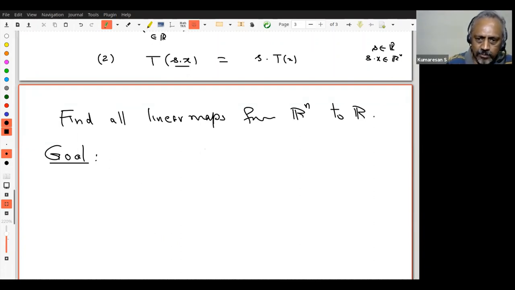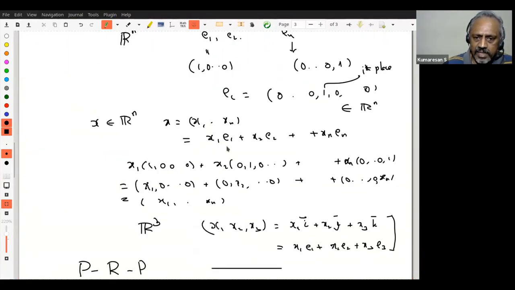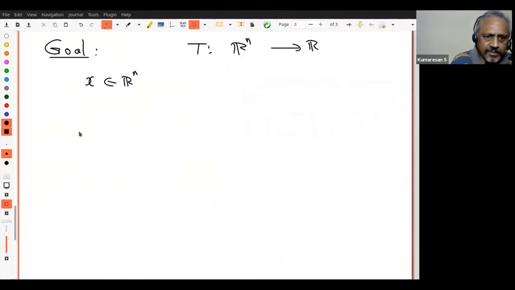Notice that suppose T is a linear map from Rn to R. Now start with the vector x in Rn. Do you see that? I can write x as x1 e1 plus x2 e2 plus dot dot dot plus xn en, where e1, e2, en are vectors, but x1, x2, xn are scalars. Therefore, I can ask what is T of x?